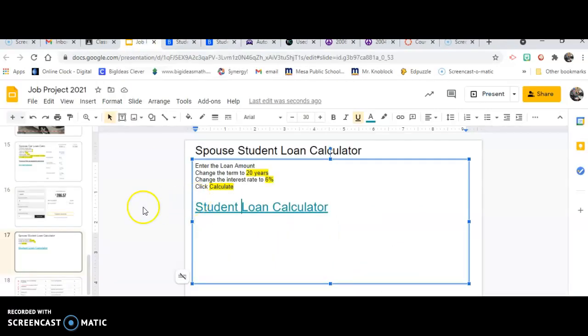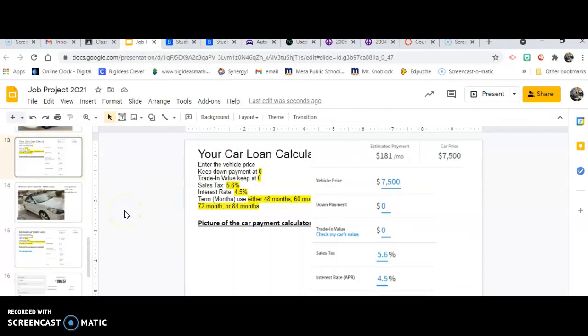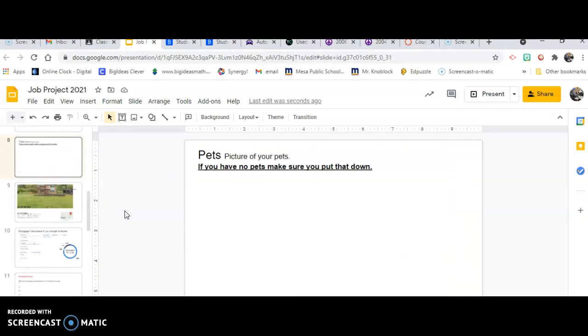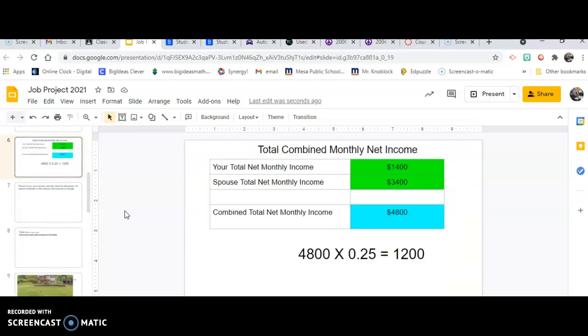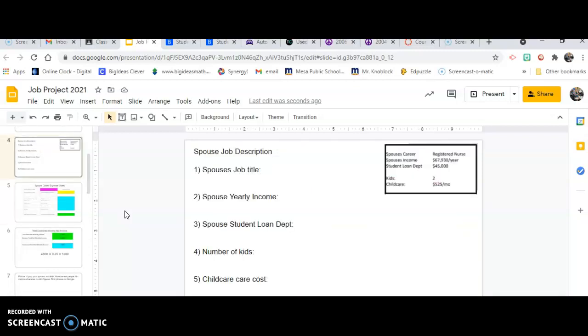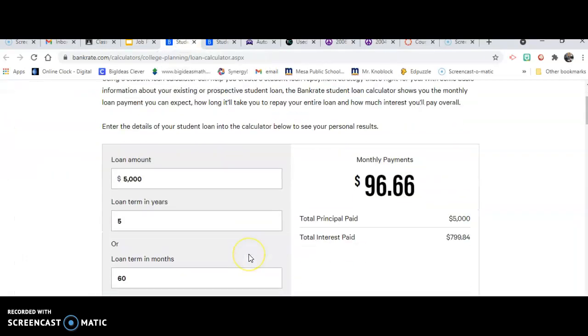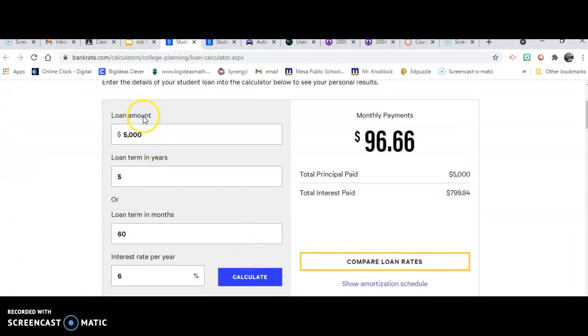Now, how do you find out how much your spouse's was? You go back to your spouse card, and on the spouse card it tells you, so this one, 45,000. So I go back here and I have to do 45,000.